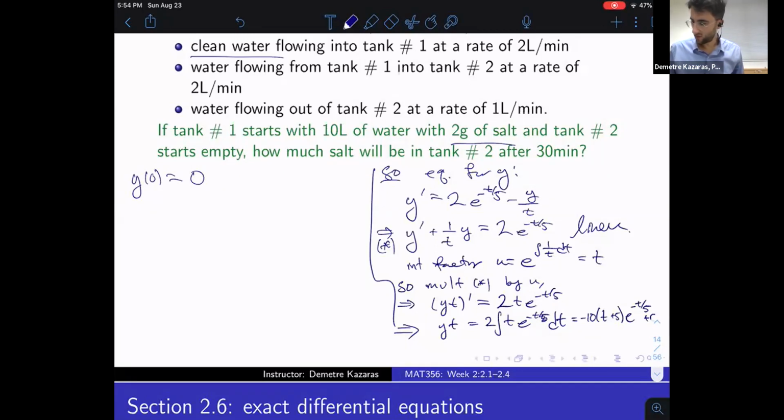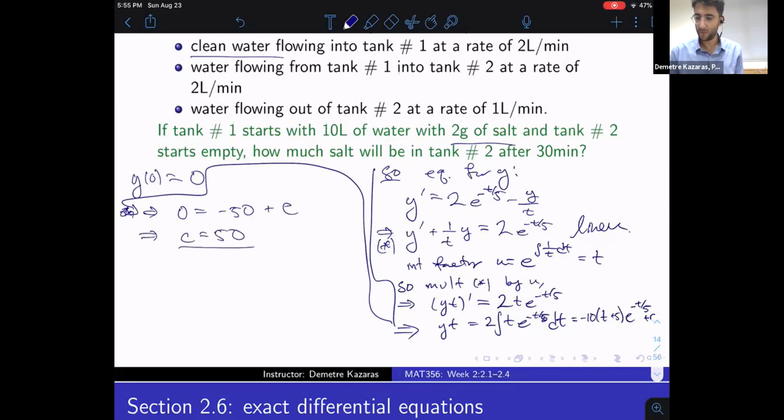Let's see what happens when we do that into this equation. So this equation becomes 0 is equal to, let's see, the t is 0, so this just becomes minus 50 times e to the 0, and then plus c, which we don't know what it is. So that tells us that c should be equal to 50.